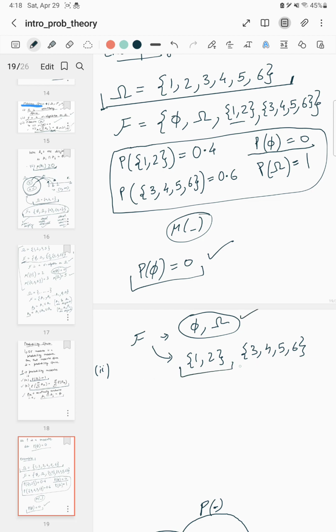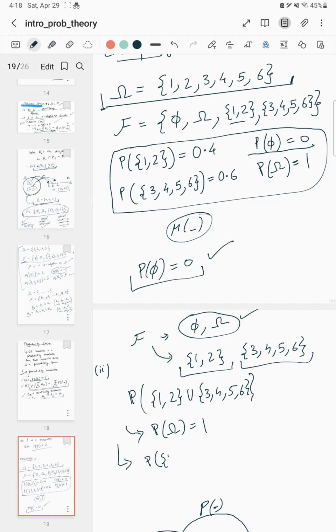Hence this is satisfied for omega and phi. Similarly, we can try the others. The probability of {1, 2} union {3, 4, 5, 6} is nothing but P of omega, which is 1, and this is also equal to P of {1, 2} plus P of {3, 4, 5, 6}, which is 0.4 plus 0.6, and this is equal to 1.